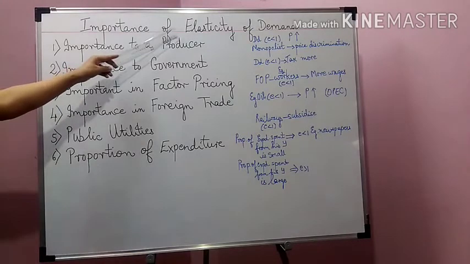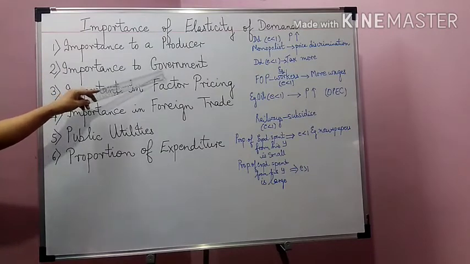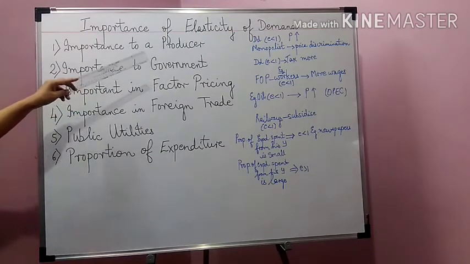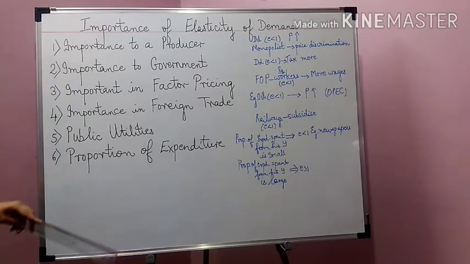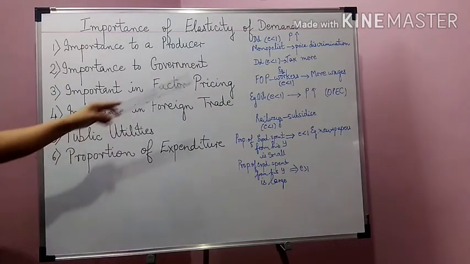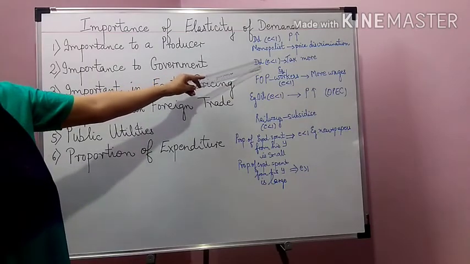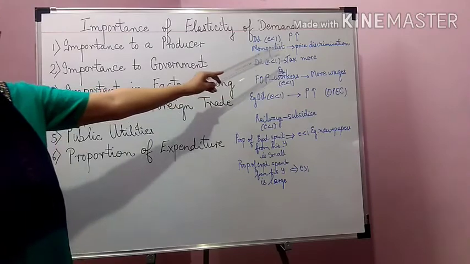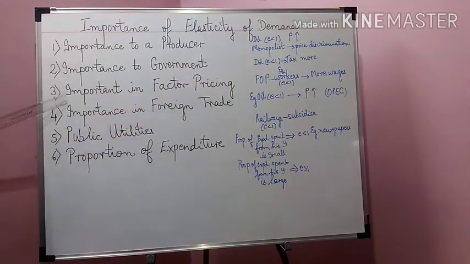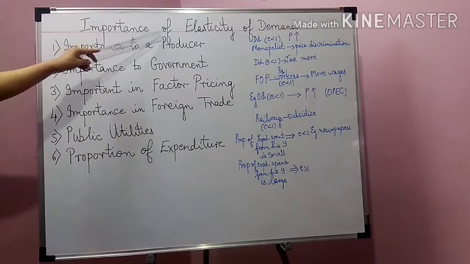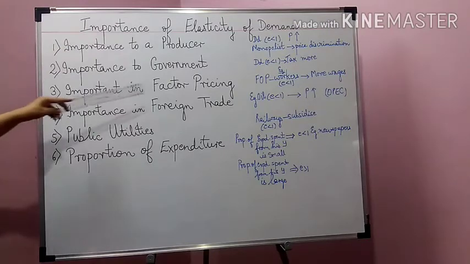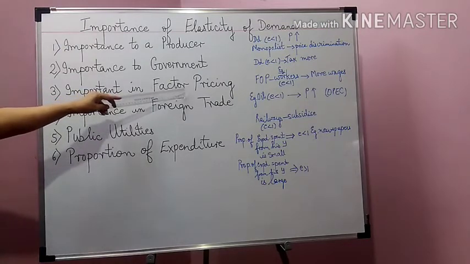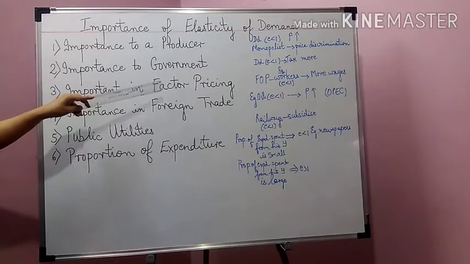Secondly, elasticity of demand is important to the government. The government collects taxes on the commodities. Those commodities which have got relatively inelastic demand, the government can tax more. Thirdly, the concept of elasticity of demand is important for factor pricing, prices for the factors of production.